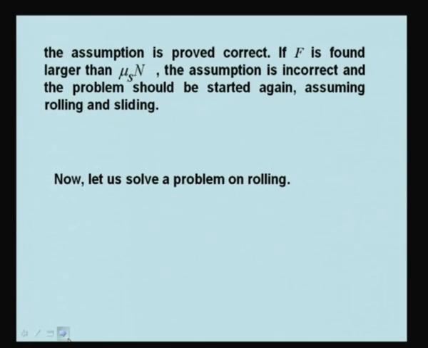If F is found larger than mu s times N, then the assumption of pure rolling was incorrect and the problem should be started again, this time assuming rolling and sliding. The expression for force will also change, and F will now become equal to mu k times N. Now let us solve a problem on rolling.